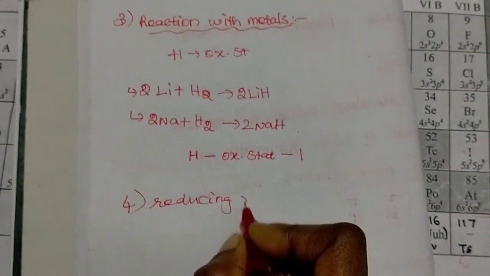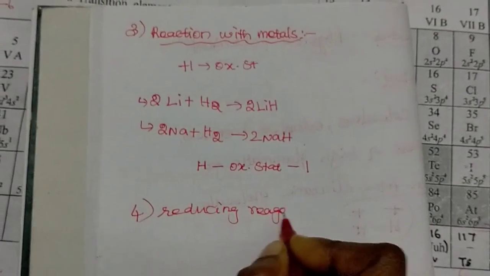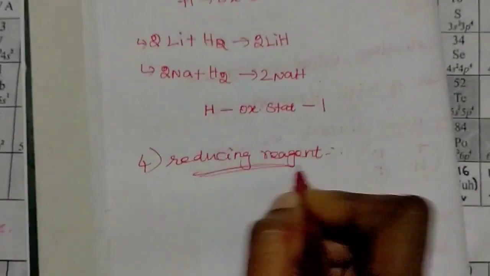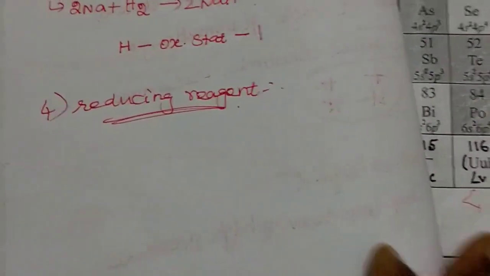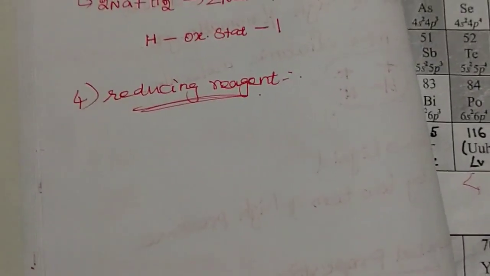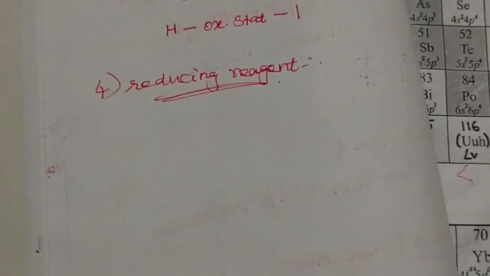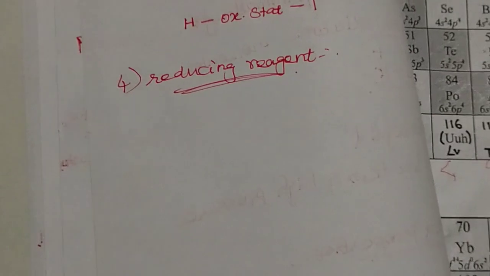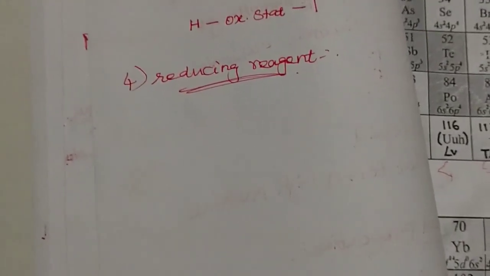Generally, hydrogen is a reducing reagent, so it behaves as a reducing agent in organic chemistry synthesis, and we can use this to prepare other important hydrides.